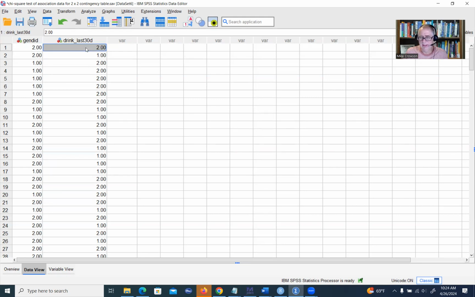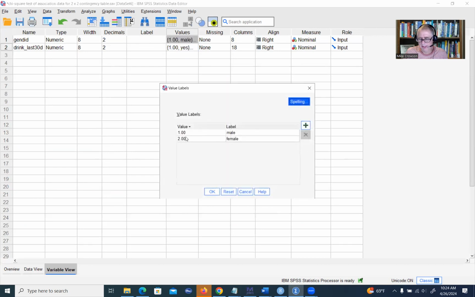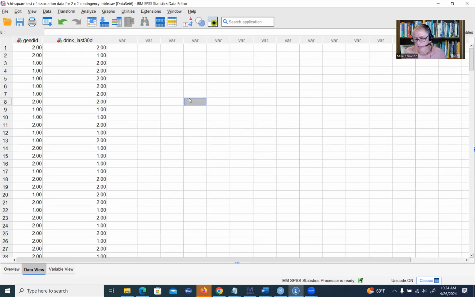A 2 indicates a person who has said no, they have not had an alcoholic beverage over the last 30 days. Just so you know, if we go under variable view and look at the values, you can see I've already assigned labels to these values. Those labels will appear in our output when we run our analysis. It'll make it a little bit easier to make sense of what's going on.